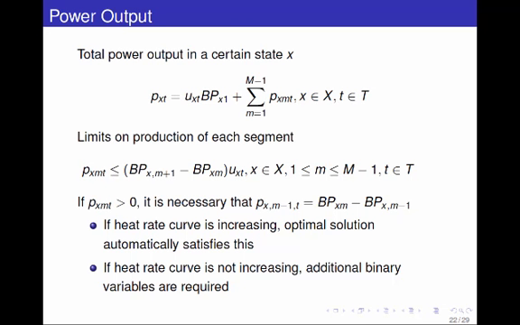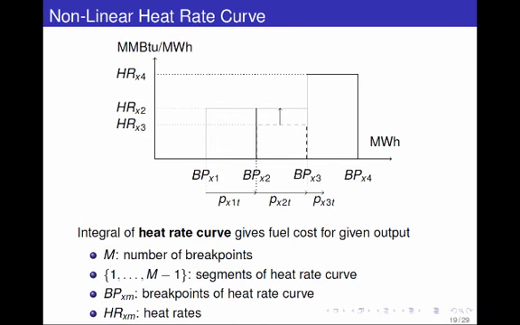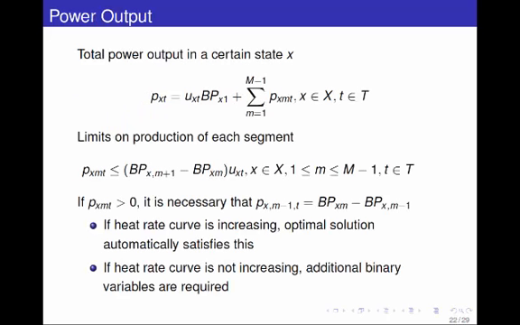First of all, the production from a given segment can't be more than the distance between the limits of the segment. For example, the production from segment 3 can't be more than the distance of 4 minus 3. Then, if I'm not in that mode, so if u is 0, the production has to be 0.